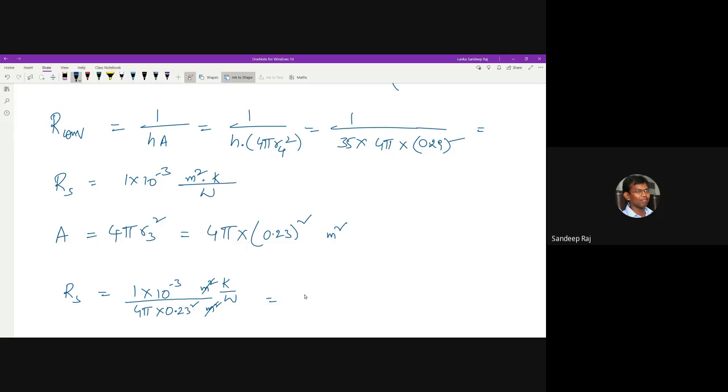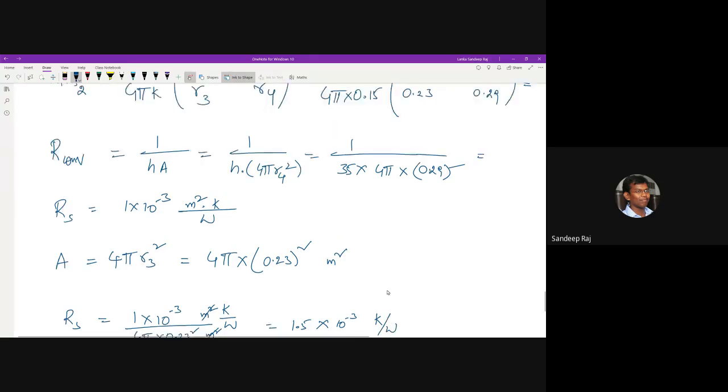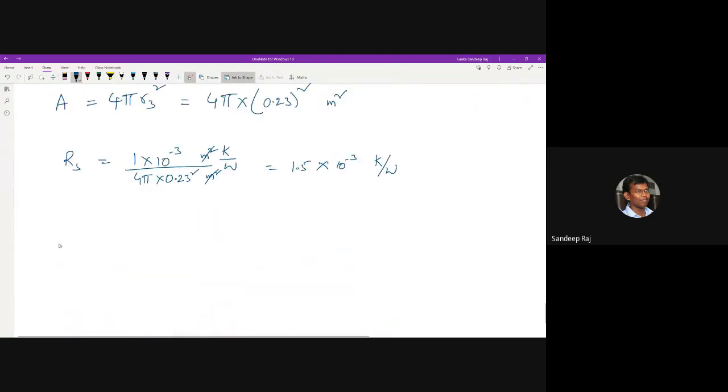The value is 1.5. What I have with me is 1.5, cross check, into 10 to the power of minus 3 Kelvin per watt. So now I have all resistances in Kelvin per watt.